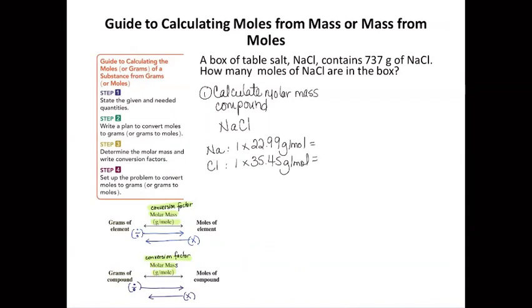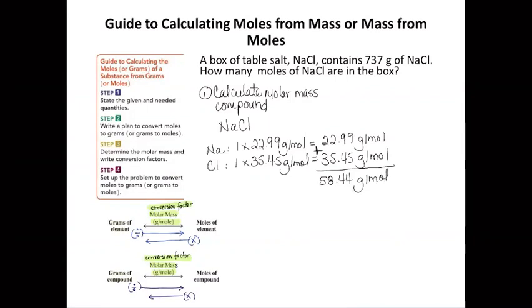So when we multiply by 1, we get the same value out. And all we have to do as the last thing is just to add these two numbers. And this is going to be 58.44 grams per mole.